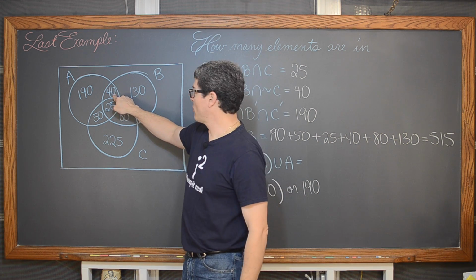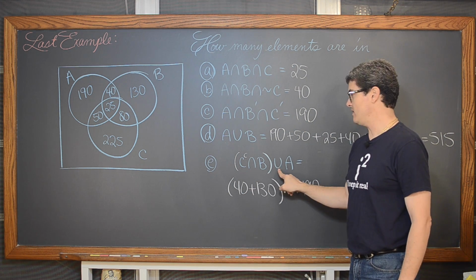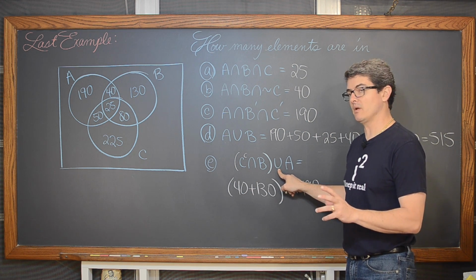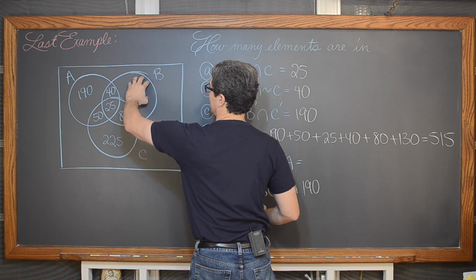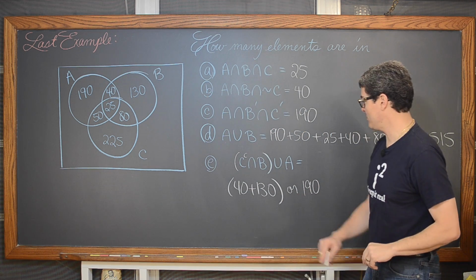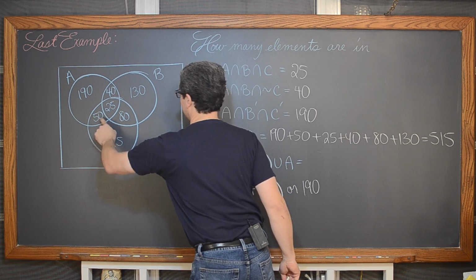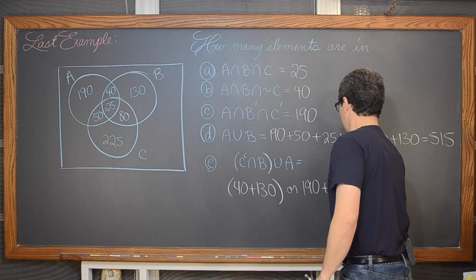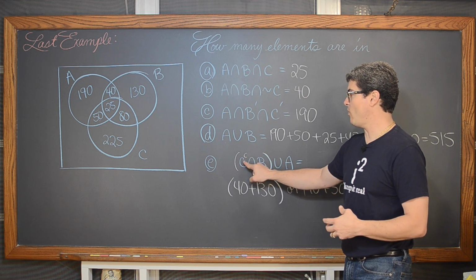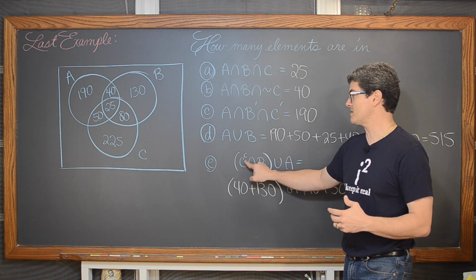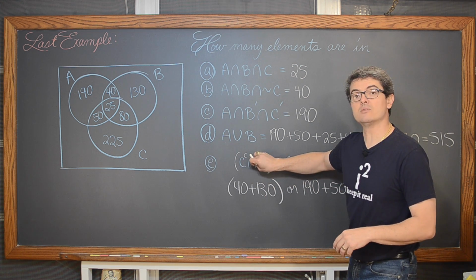I don't want to include the 40 because the 40 was already counted for, that union. You don't want to count that intersection area twice. That 40 is included in the not C and B part of this problem. So I'm not going to include the 40, but everything else in A. We've got the 50. Now, in the first part of this problem, when we were working in the parentheses, I said I want the complement of C, the elements that are not in C. But that's only for the intersection notation in the parentheses.